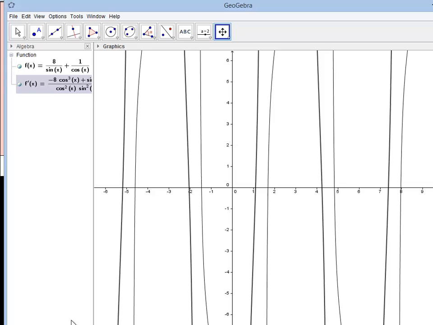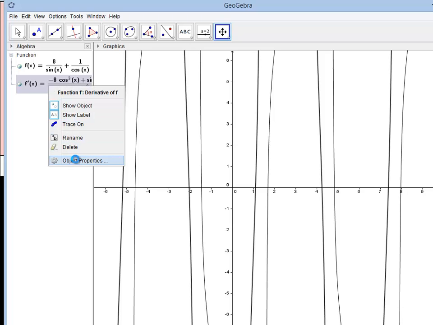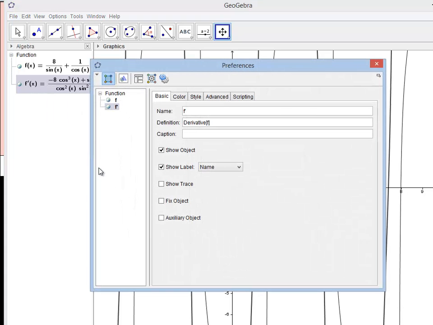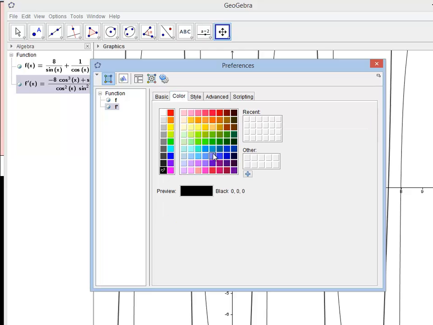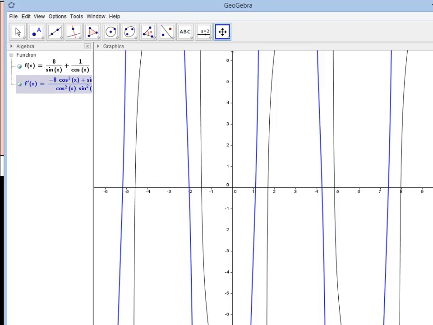Alright, it was sketching our derivative f prime. Let's change its color to see what is happening in the graph here. Color, we use blue for now. Okay, so the derivative is in blue and the other one is in black.